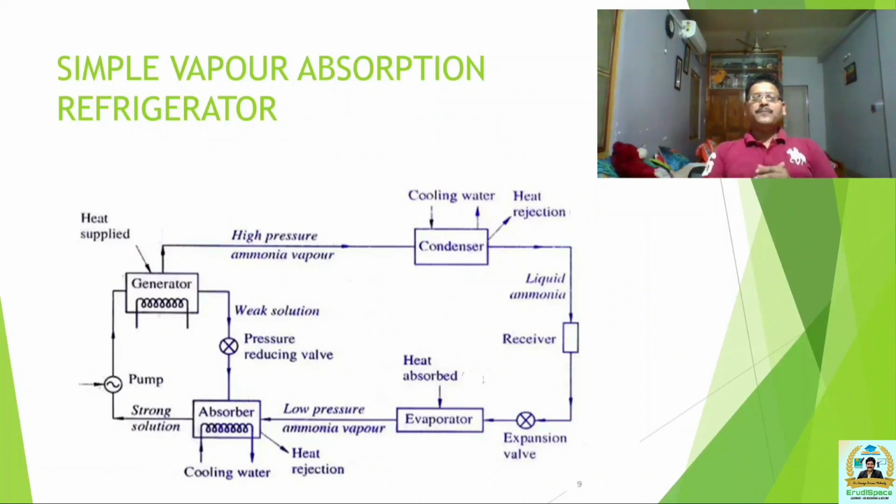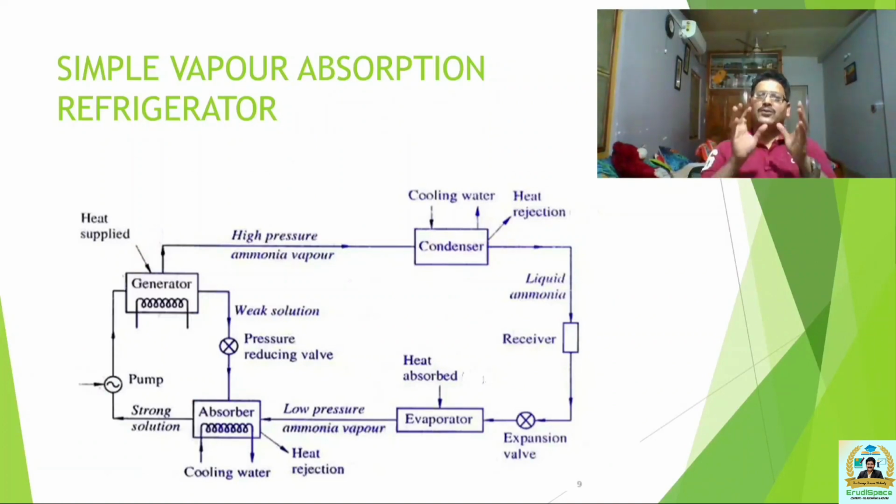From the receiver, it enters the evaporator after passing through the expansion valve or refrigerant control valve. The function of an expansion valve or refrigerant control valve is to reduce the pressure and temperature of the refrigerant so that when it enters the evaporator, it can smoothly absorb heat from the space to be cooled.